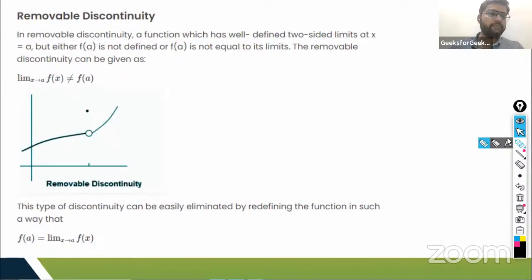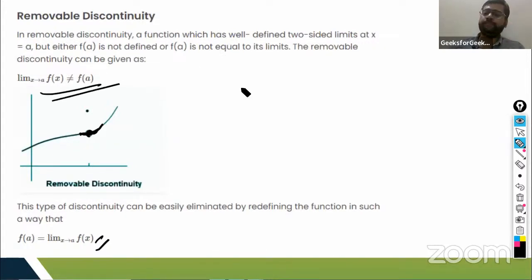So if you can see the graph, here is a removable discontinuity. One person has asked, can we remove this or not? Yes, yesterday some people asked, that a removable discontinuity can be removed. We have seen that part, it can be, but we have to change the limit value. If we remove that part and make this graph continuous, then the removable discontinuity will be eliminated. But for that, we have to change this part only.